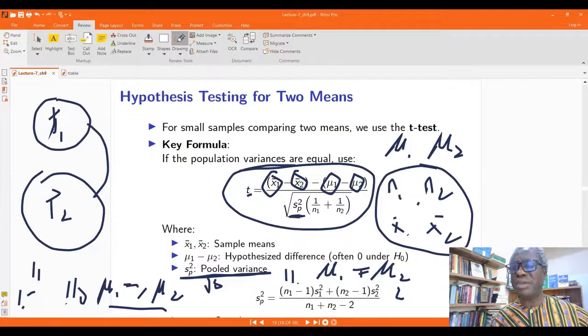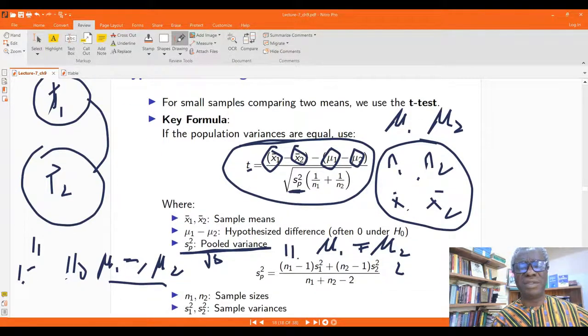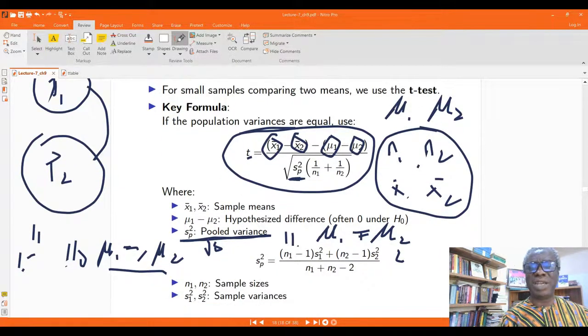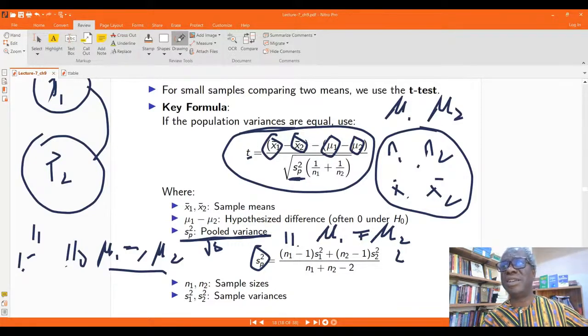That will give the pooled variance. And you have to calculate the pooled variance before you calculate the T statistic. So in calculating the T statistic, you have to calculate the pooled variance and substitute here accordingly.